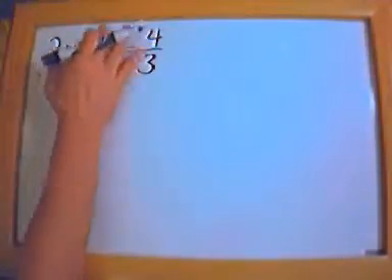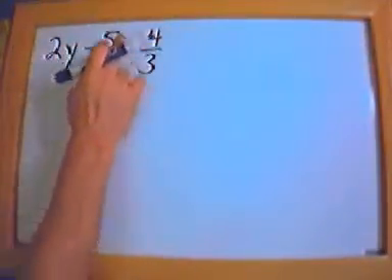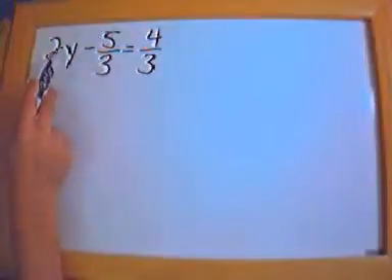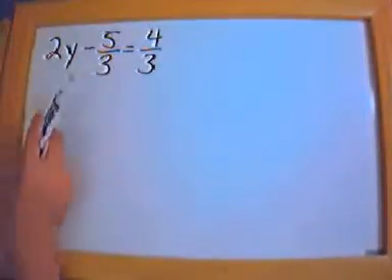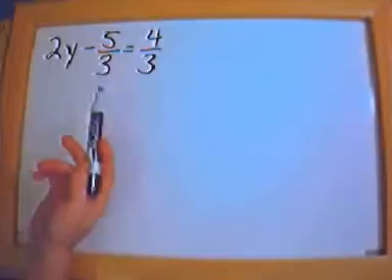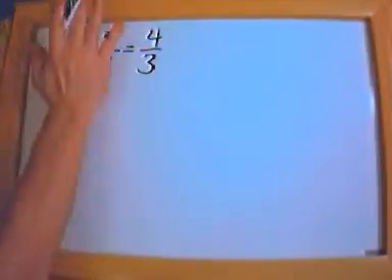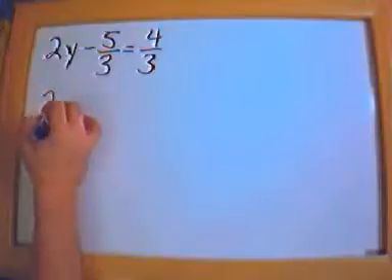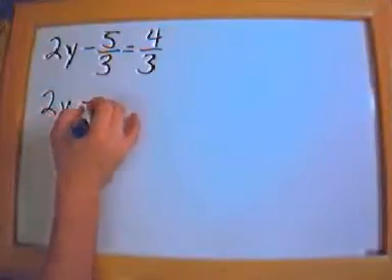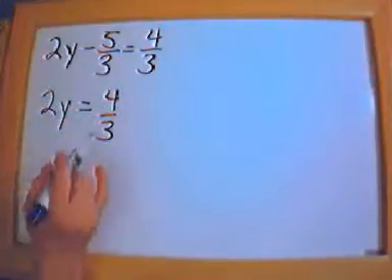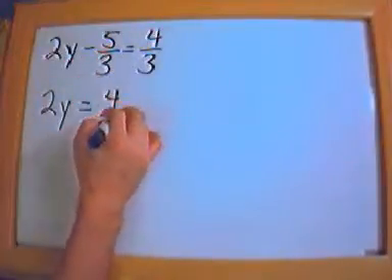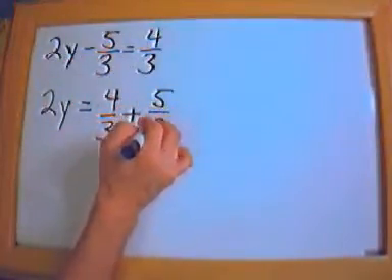I need to first get rid of this 5/3 business up here to get 2y by itself. So in order to do that, since I've got minus 5/3, I'm just going to add 5/3 to both sides. On the left-hand side, it's going to make that disappear. So I'm going to be left with 2y equals 4/3, and I need to add 5/3 to it because I'm adding 5/3 to both sides.